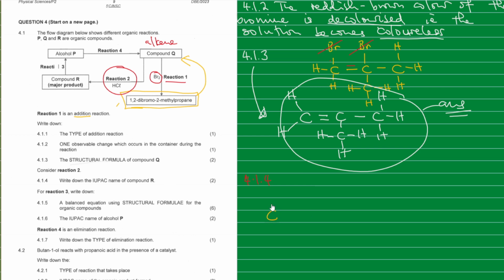That is a C with a double bond to another C, and then this is a C with a methyl there, and a C there with 3H. Now, when we react it with HCl, hydrochloric acid, what will happen to this is what we want to see.